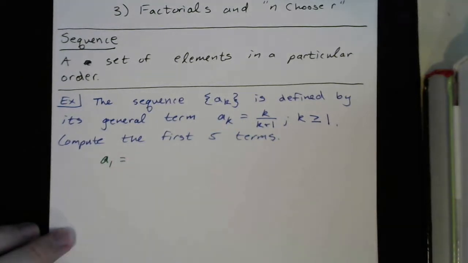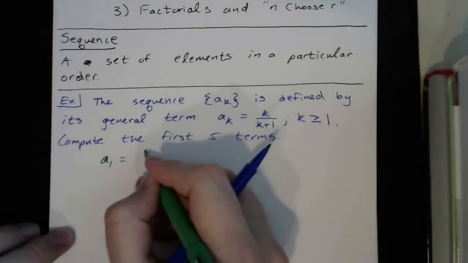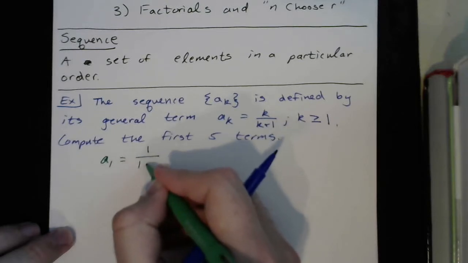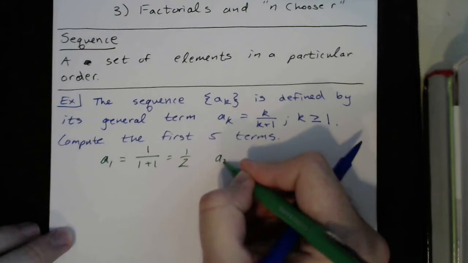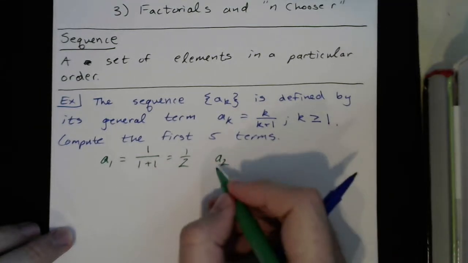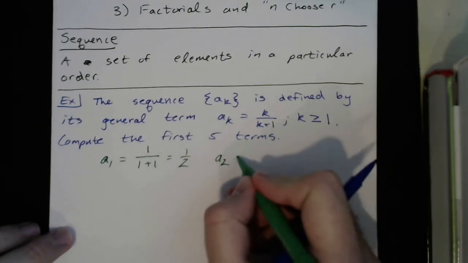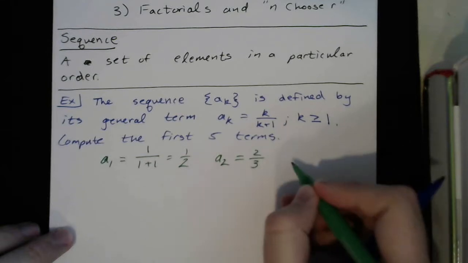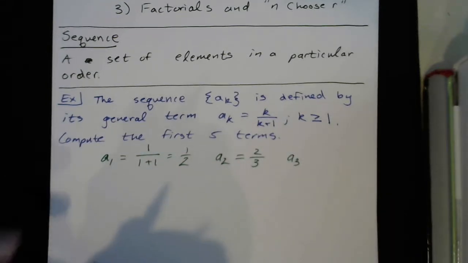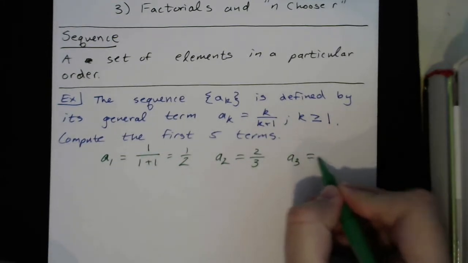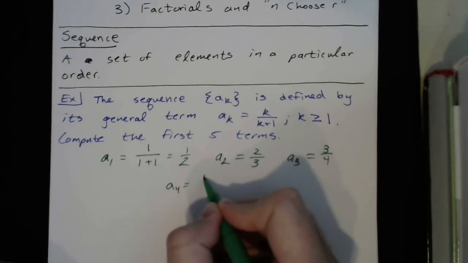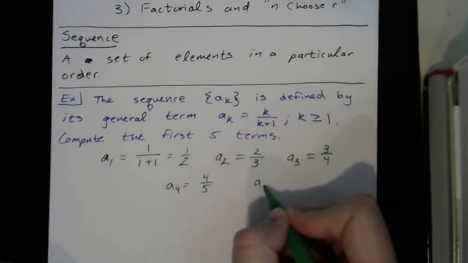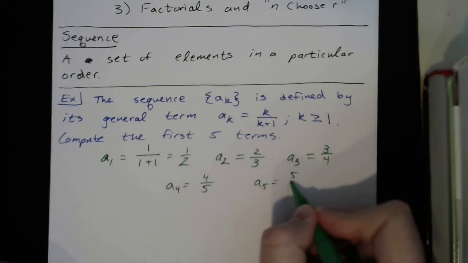All right, so a1, I'll write out in extreme detail here. k is 1 now, so it's 1 over 1 plus 1, which is 1/2. Then a2 is 2 over 2 plus 1, or 2/3. a3 is 3 over 3 plus 1, or 3/4. a4 is 4/5, and a5 is 5/6.